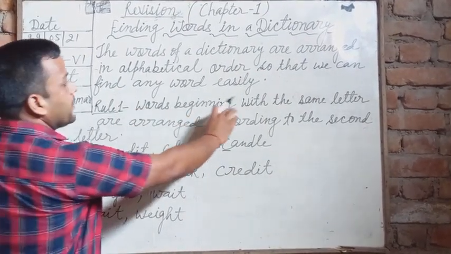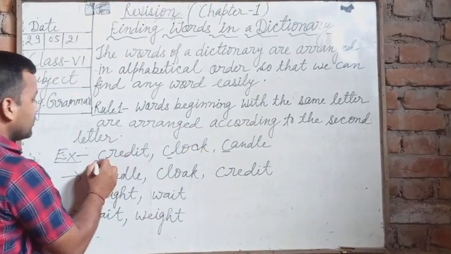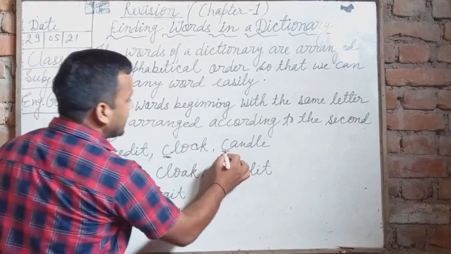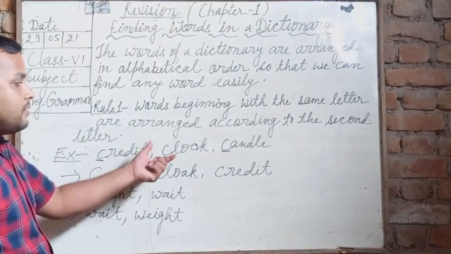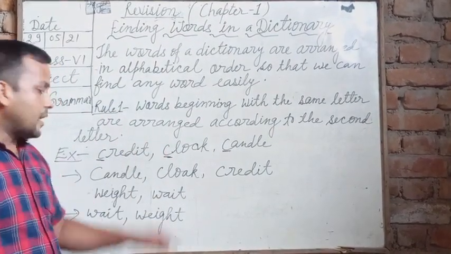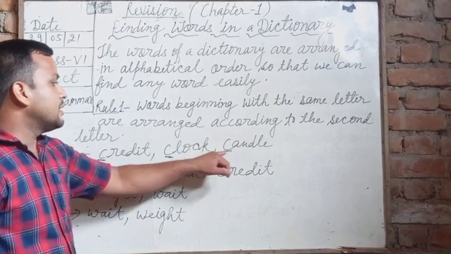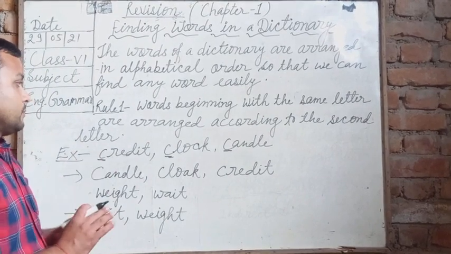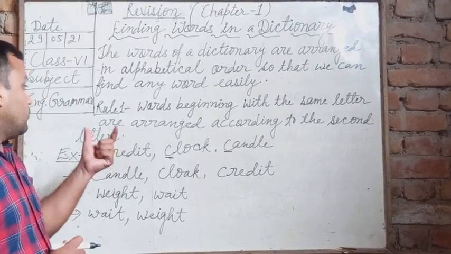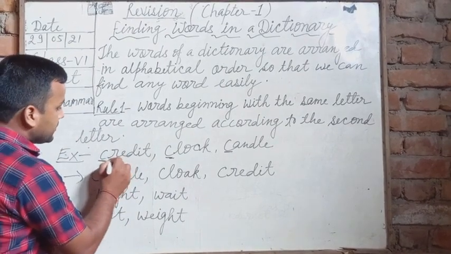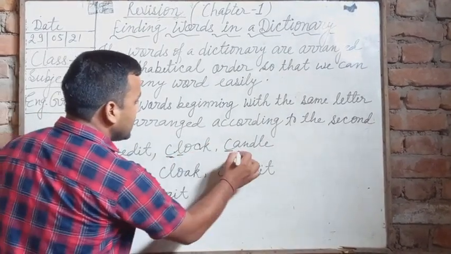Rule first, words beginning with the same letter. So credit C, clock C, and candle C. These three words are beginning with the same letter, that is C. So these words will be arranged according to the second letter: R, L, and A.